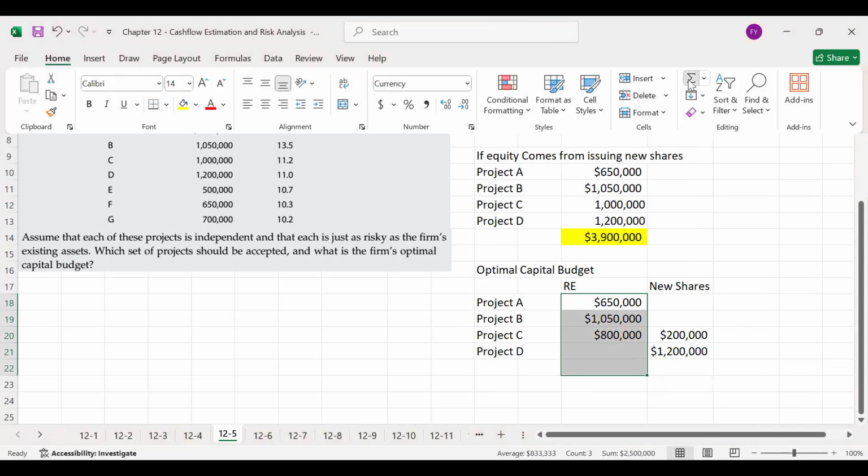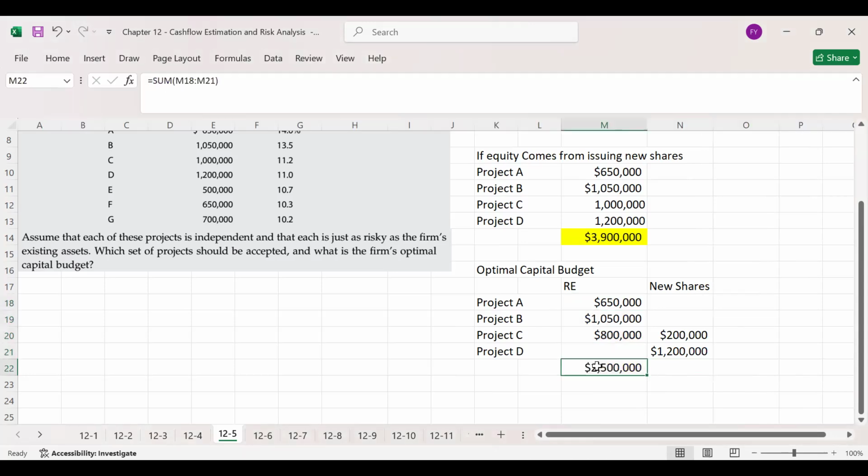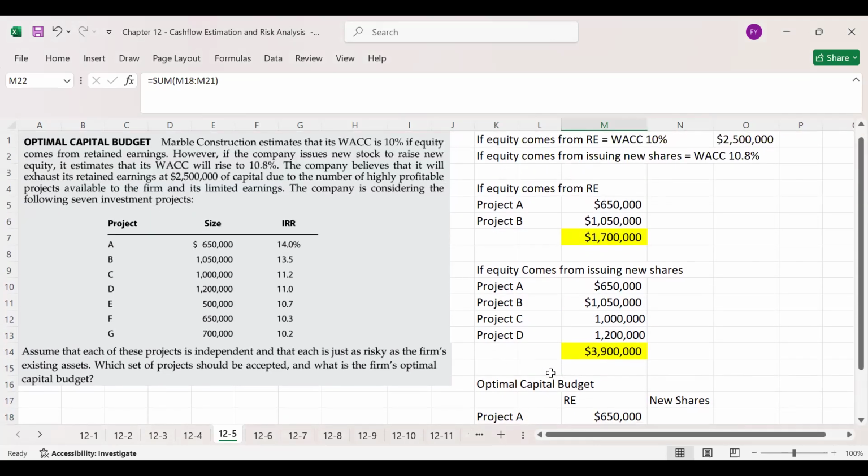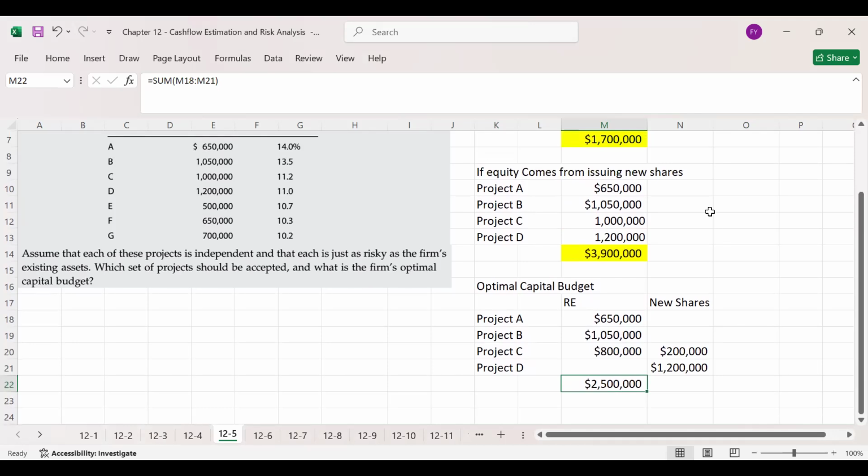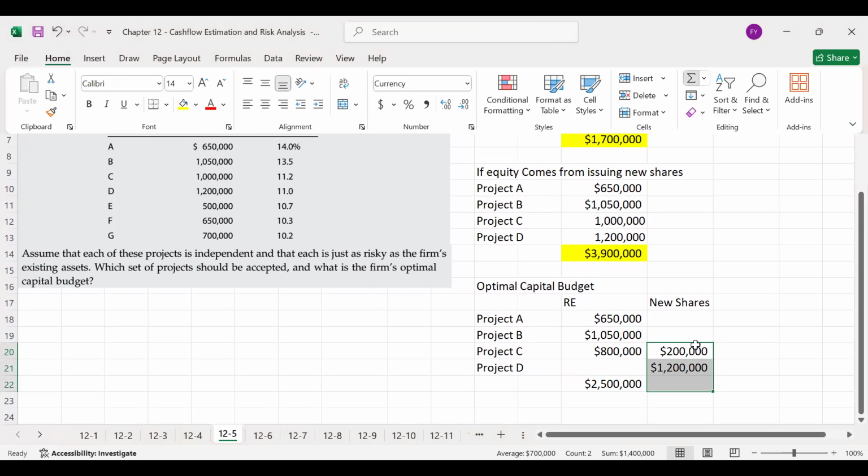In this case, the company first utilizes its internal equity because its cost is lesser than issuing new shares. So if the company's option is to finance all four projects, then this is the optimal budget. In this way, you can add these equity as well.